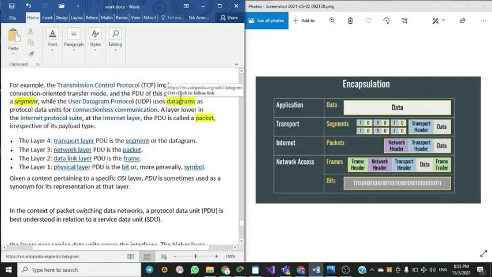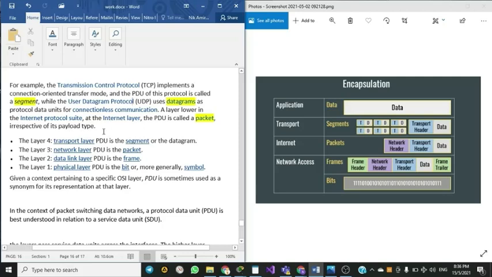For connectionless communication, lower in the Internet protocol suite at the Internet layer, the PDU is called a packet.